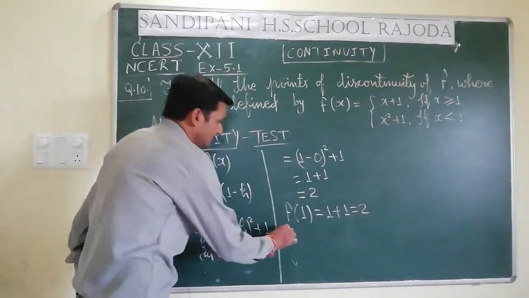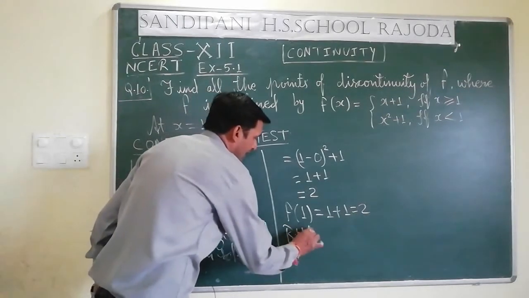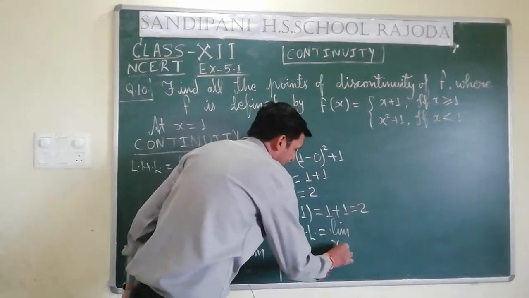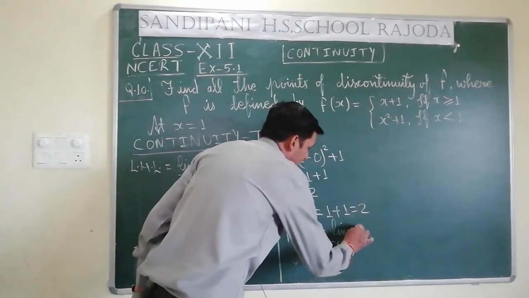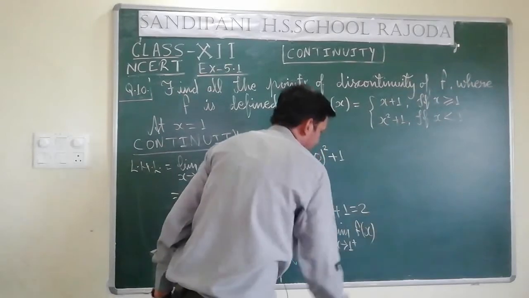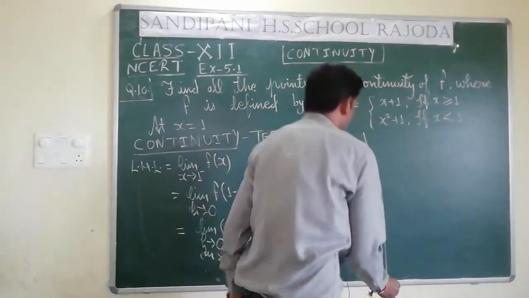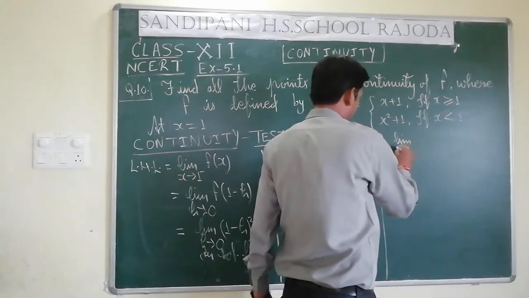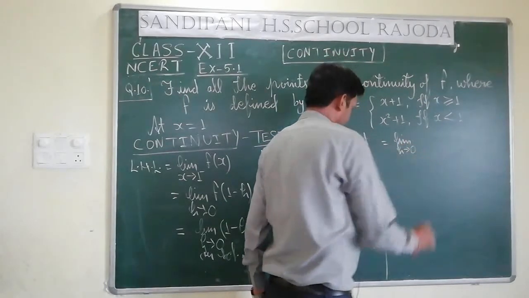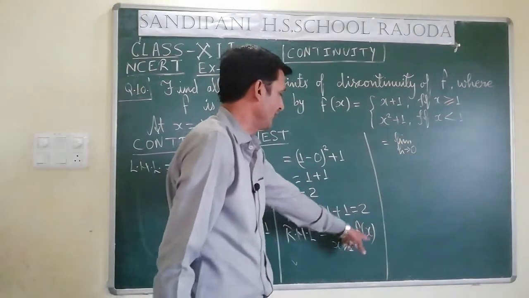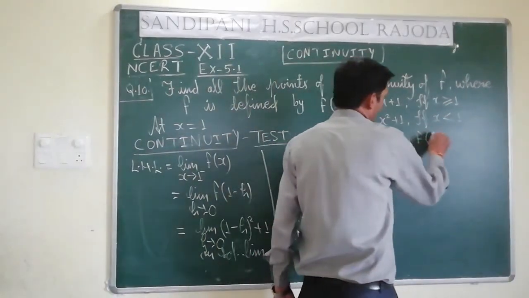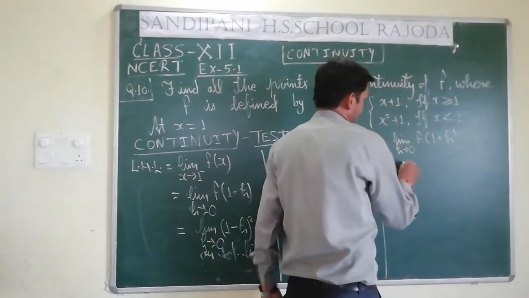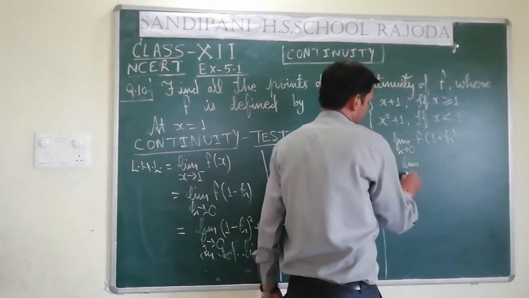Now, RHL is equal to limit x tends to 1 plus f of x, that is equal to limit h tends to 0. Here we have to write 1 plus h in place of x. So, it will become f of 1 plus h. Now, limit h tends to 0.